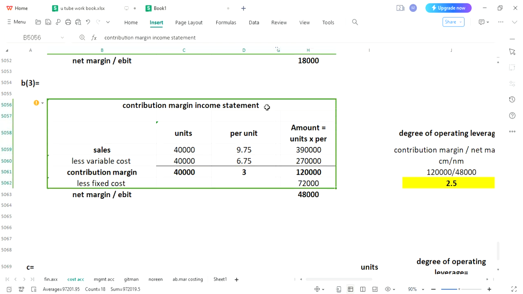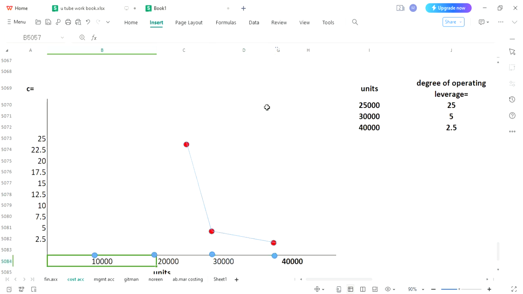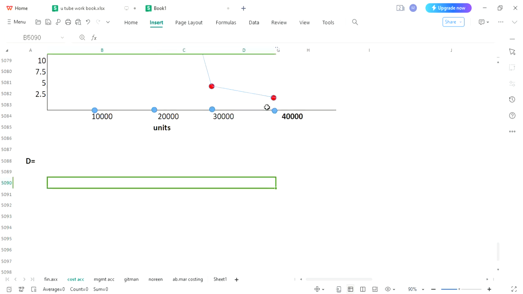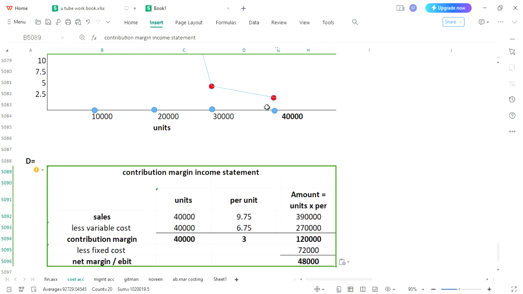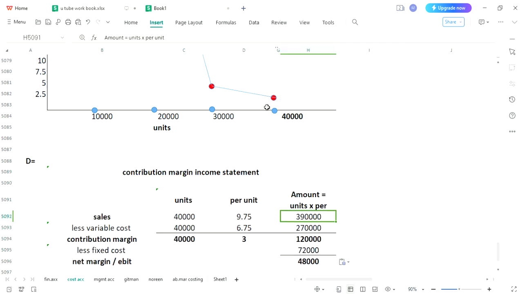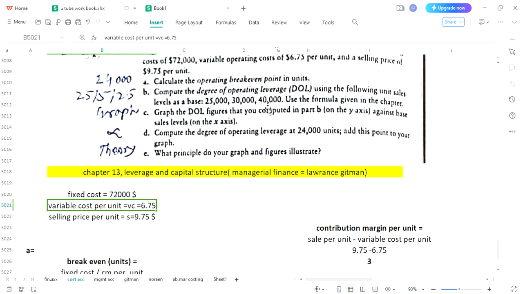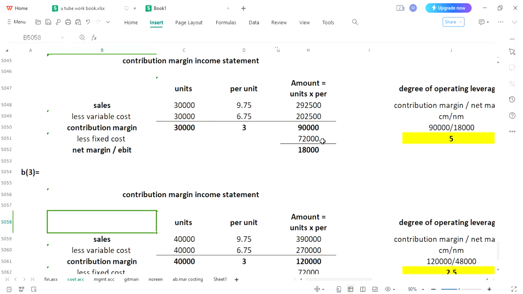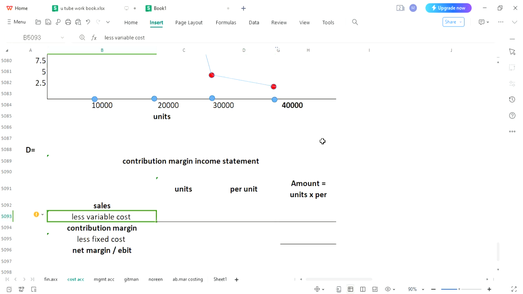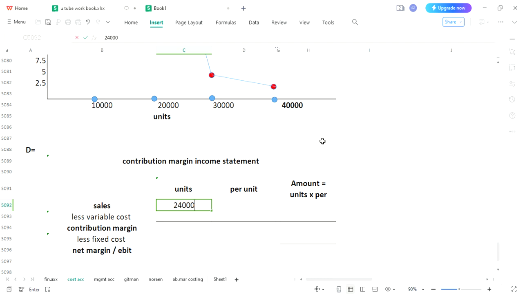For the degree of operating leverage at 24,000 units, we are taking headings from previous parts. Over here we will just change our number of units, so every amount will be different. Units sold 24,000, and as usual units for variable cost would also be 24,000.